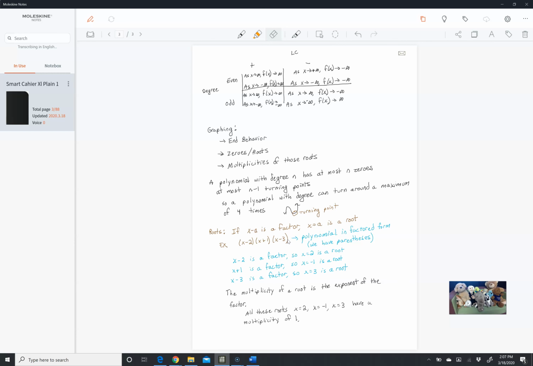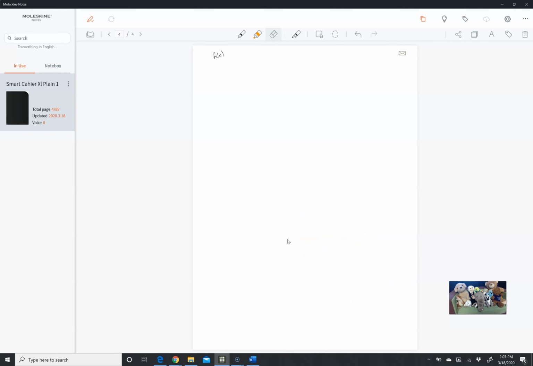So let's take another example. Let's say that we had f of x equals x plus 6, and this time we're going to raise this to the third power, x minus 4 squared, and x plus 5. And that one we won't raise to a power, which means that it's raised to the power of 1. Okay, so in this case, the roots are x equals -6, x equals +4, and x equals -5.